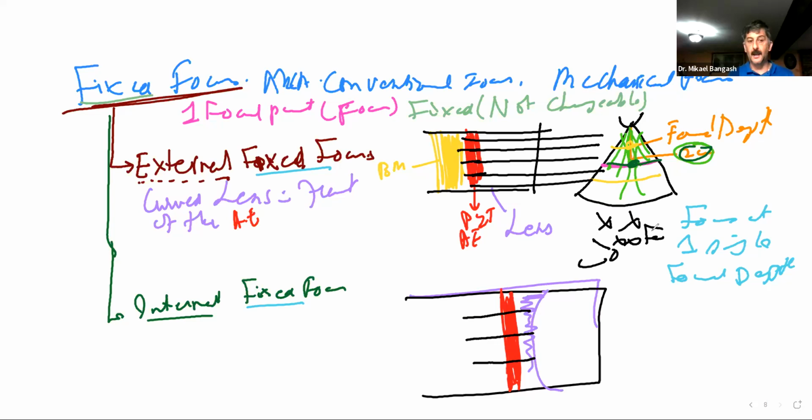So in a mechanical transducer, we have a fixed focusing, but where that external fixed focusing is achieved by placing a curved lens in front of your PZT. What does it do to the sound waves as they pass through this lens?